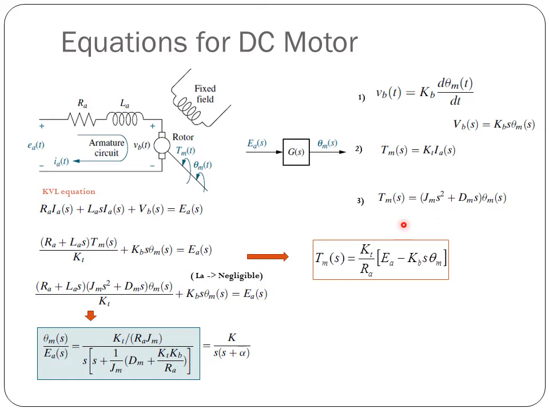So we will also use this formula in solving a system where we have more than one independent variable. If the system consists of only one variable, we will use the transfer function. If the system consists of more than one variable, we will use this equation.